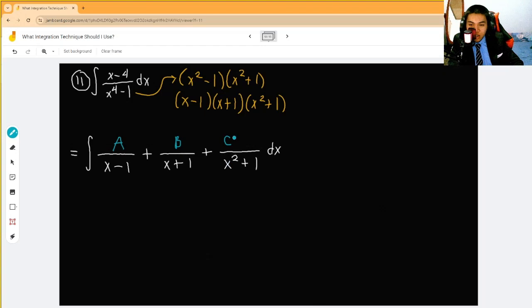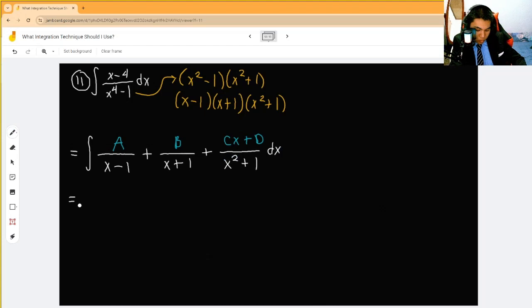So we will have cx plus d. It has to be linear since it is a higher degree. So now we can simply do the cover up method for a and b, but for this one we actually have to do the decomposition.